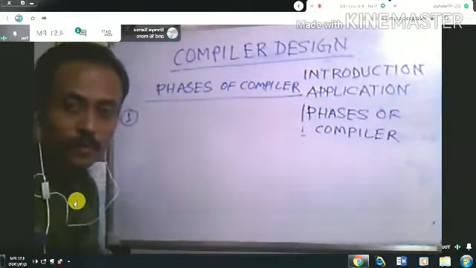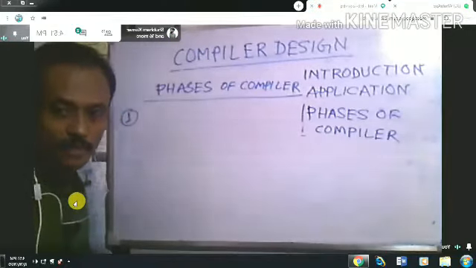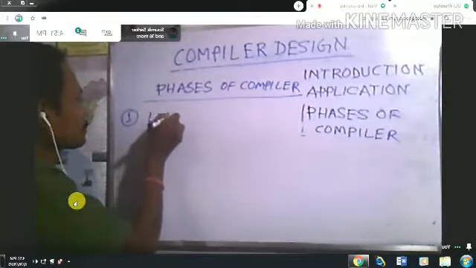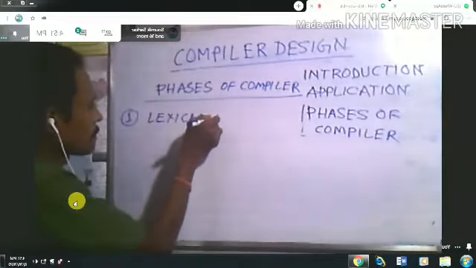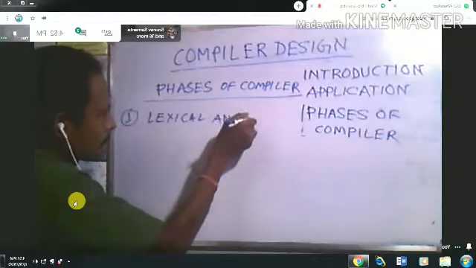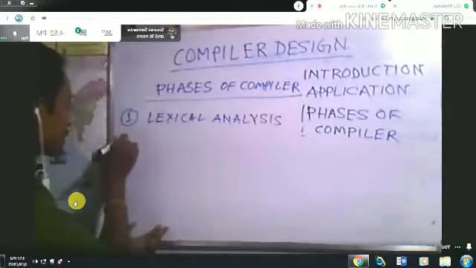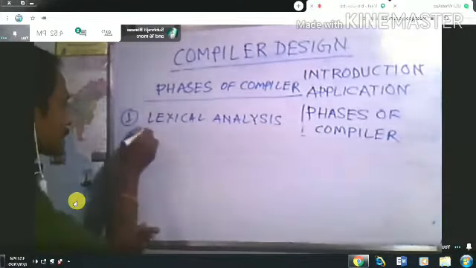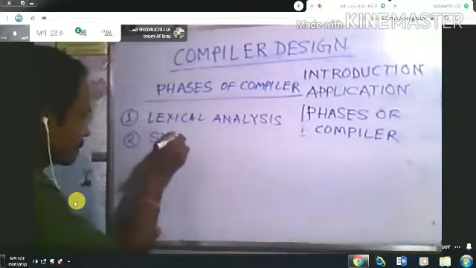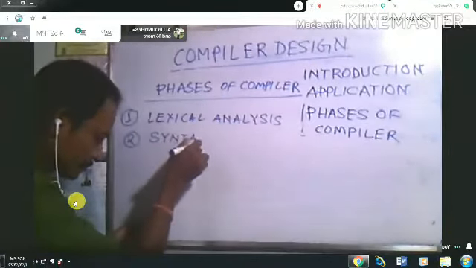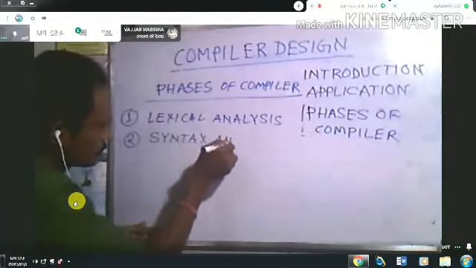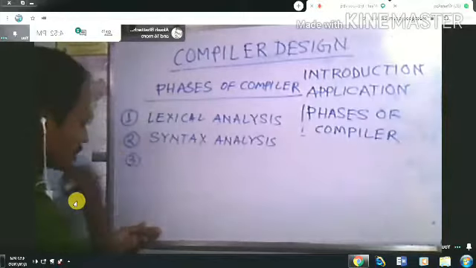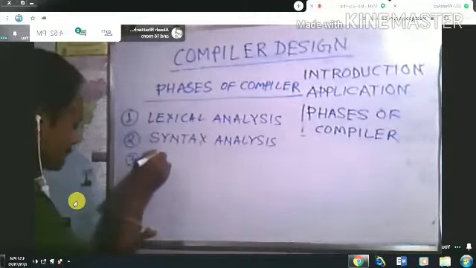All these phases will be treated as different chapters of this subject. One phase is called lexical analysis, the number one phase. Number two is syntax analysis. Number three is semantic analysis.